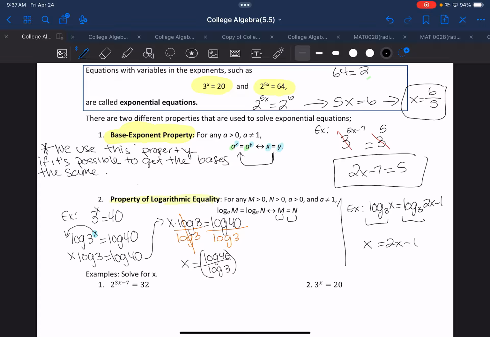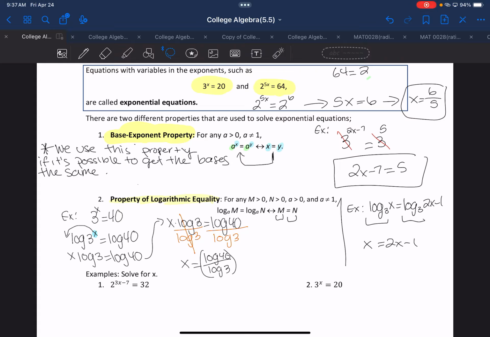But it won't always be possible. So if it's not possible, then I have to use property 2. And property 2 will always work. I could literally use property 2 on any of these exponential equations, and it'll work.